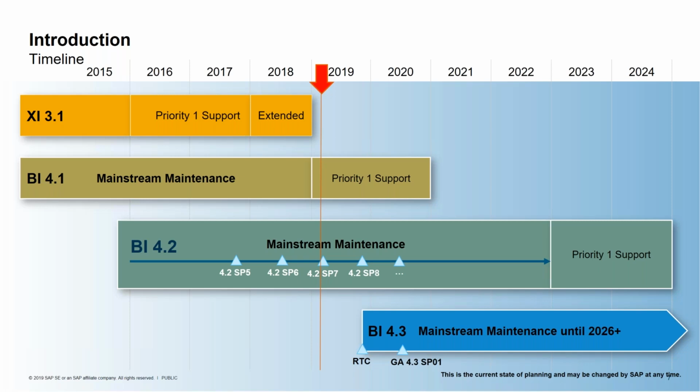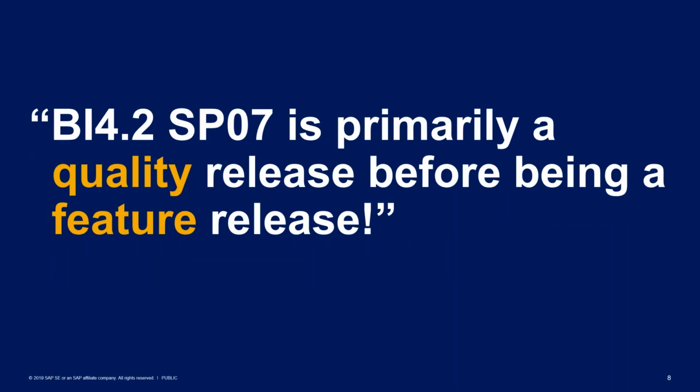Today the web team has finished working on SP7 and is focusing on BI 4.3, and this has a consequence regarding the SP7 contents, and it will be my very first key message. BI 4.2 SP7 is primarily a quality release before being a feature release. This is to manage expectations right.